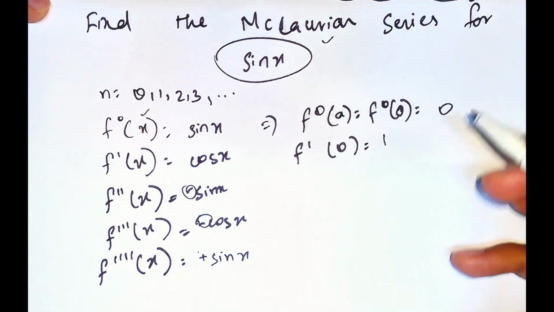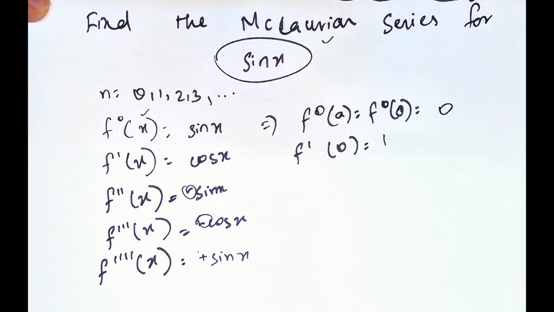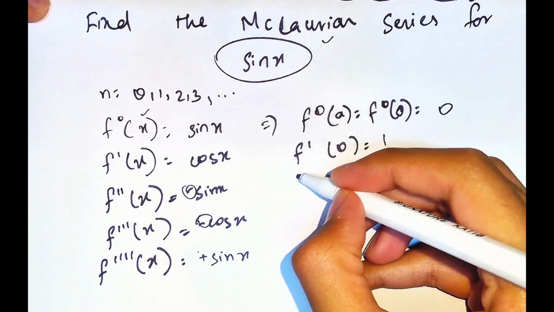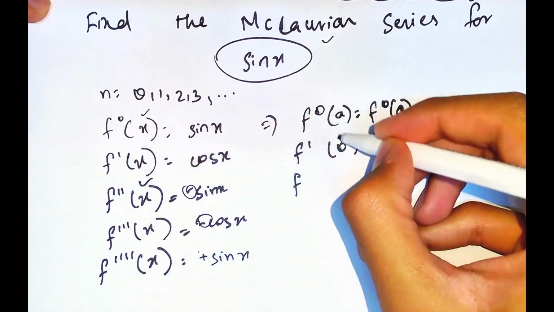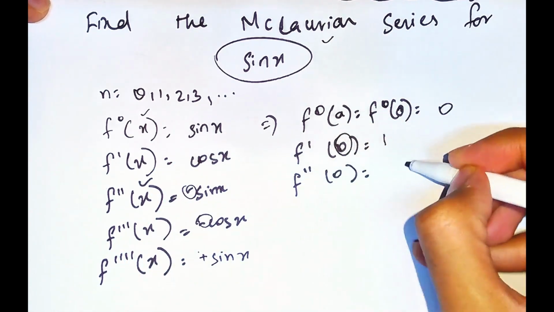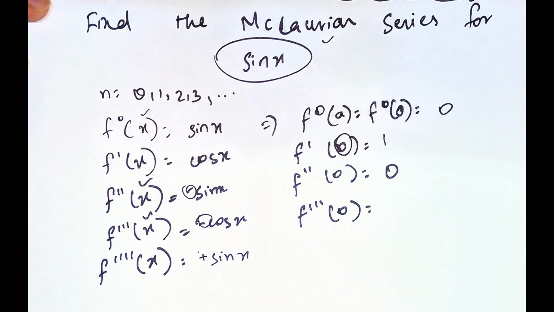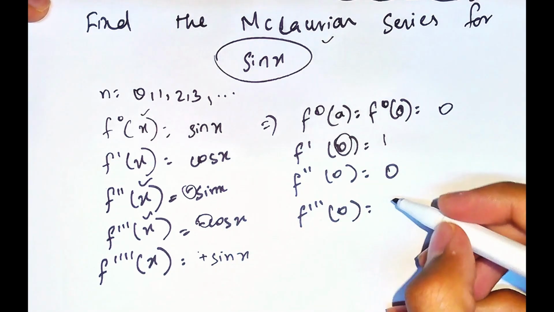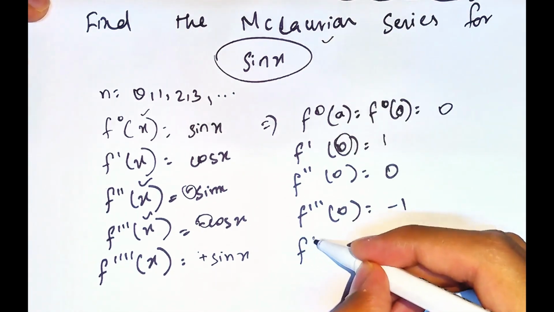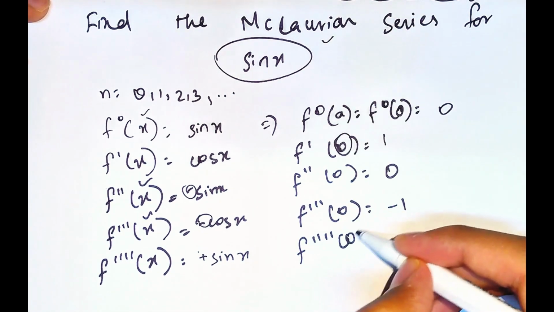The negative sign won't have any effect on 0. The third derivative at 0 is negative cos 0, which is negative 1. The fourth derivative will of course be equal to 0.